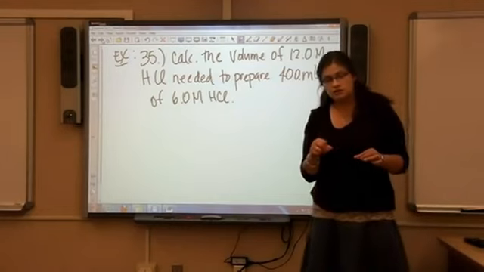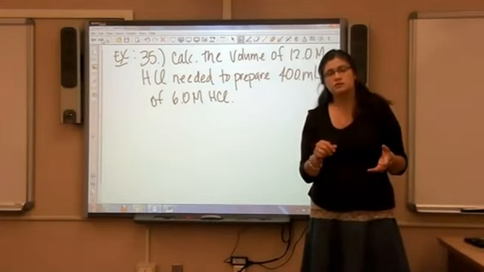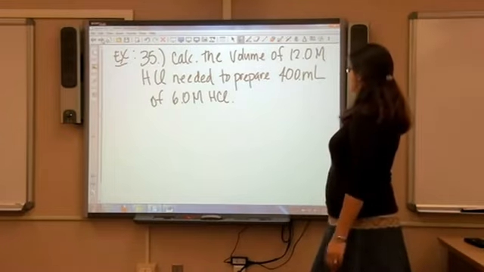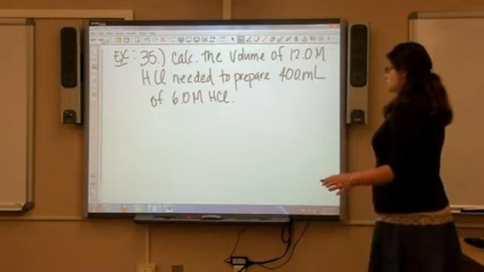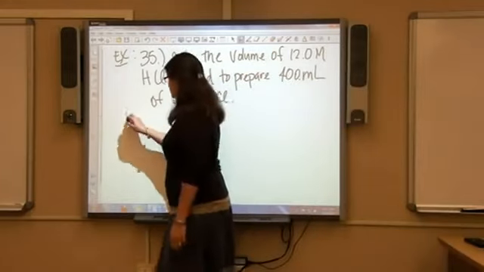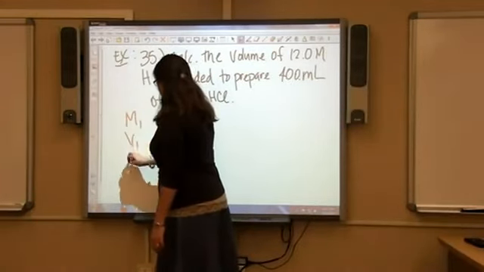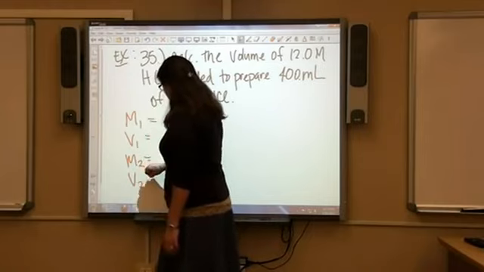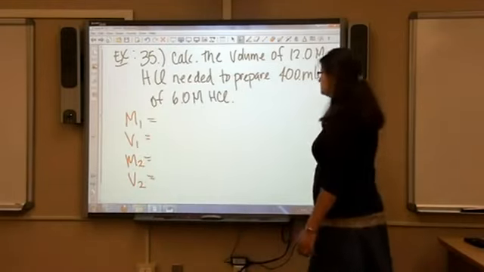Again, just like the titration formula, the trickiest part about this formula is deciding who's M1 and who's M2. The best way to do it is to make your setup, you can even do this ahead of time, because you know that these values all have to be filled in.